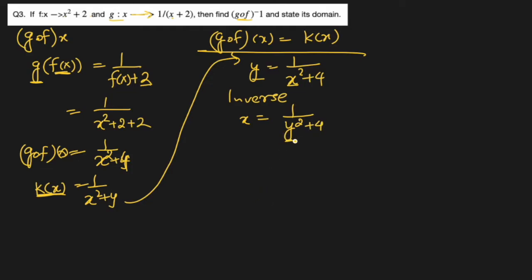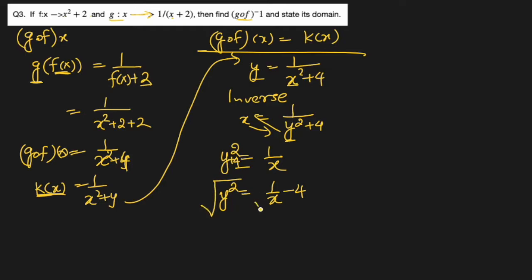And now I have to isolate this y. This will go there and x will come here. So what will we get? y square plus 4 equal to 1 over x. And now I'll take this 4 there. y square equal to 1 over x minus 4.